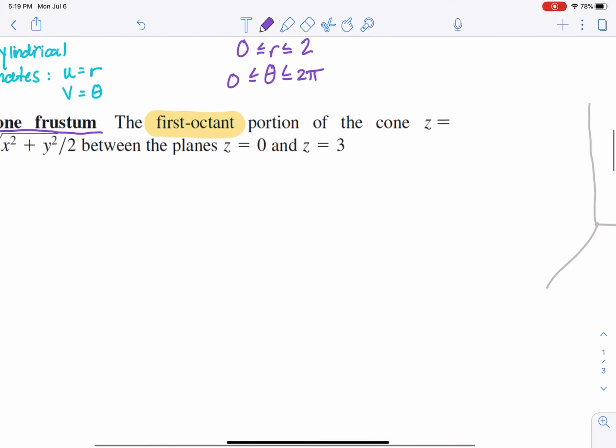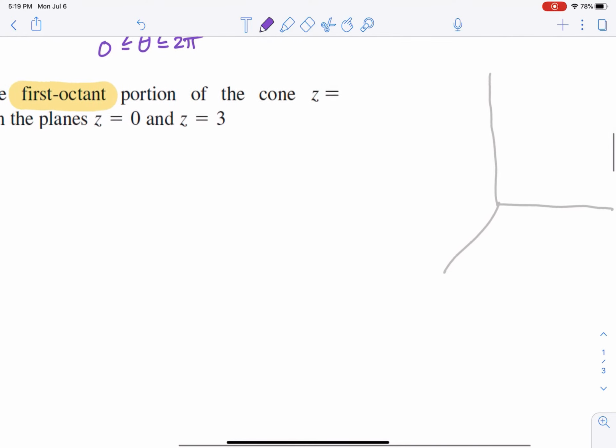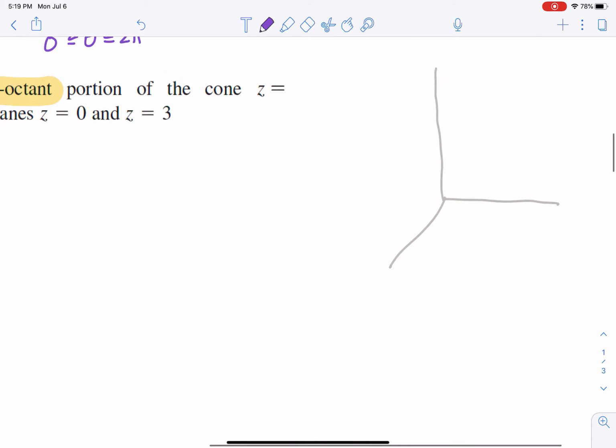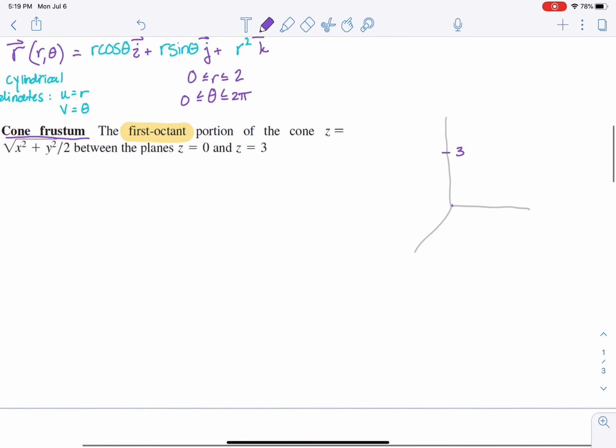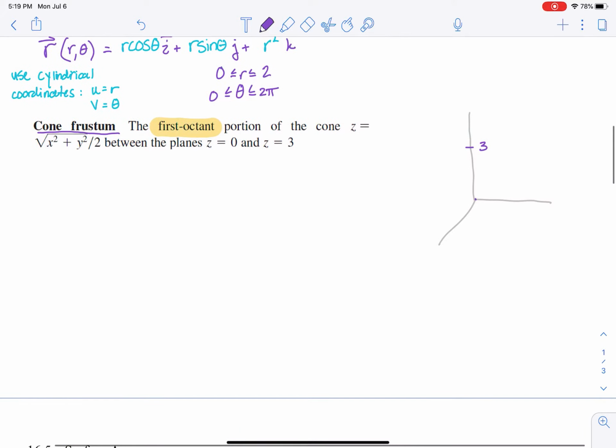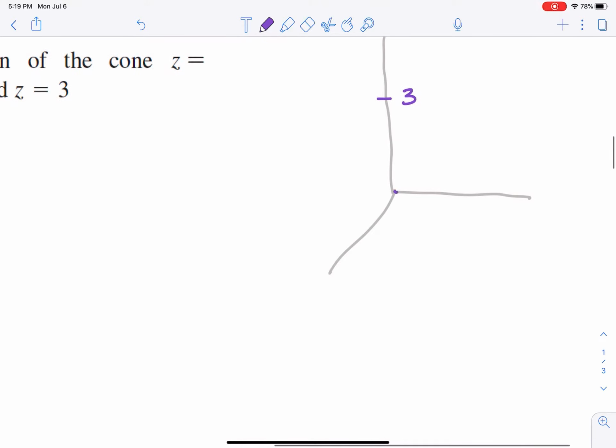Between 0 and 3. So we want the top of it to be a 3, and the bottom here equals 0. And then the sides of the cone are going to be given by the relationship the square root of x squared plus y squared divided by 2. So it will look, yeah, something like that.